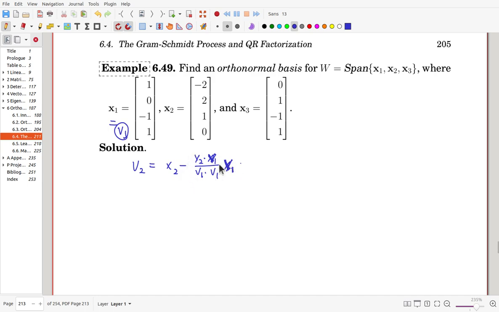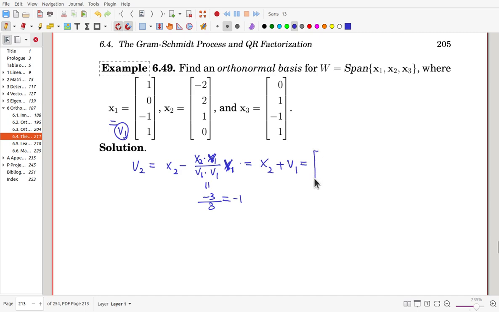Okay, first we'll try to get that portion. x2 is projected there, and the dot product, minus 2, okay, minus 1, so that dot product is minus 3, divided by v1 dot v1, which is 3. Okay, there's a minus 1, so that is simply x2 plus v1.